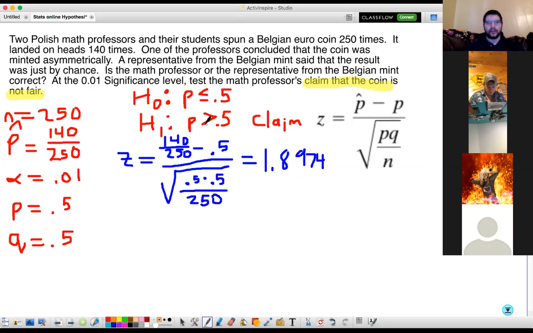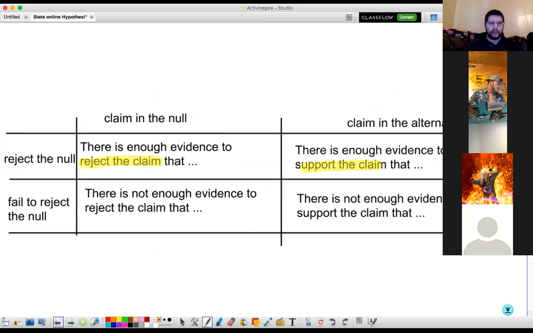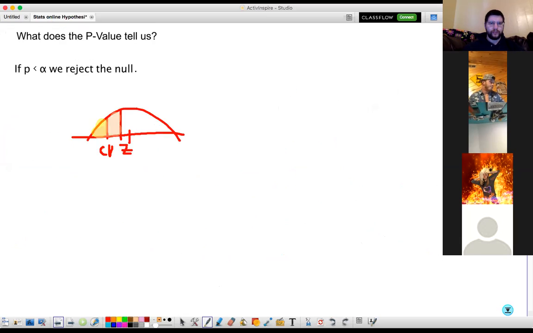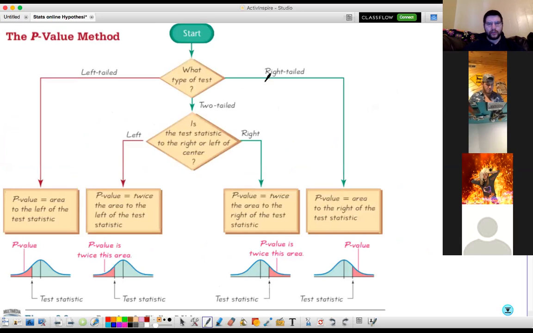We always look at our alternative for our tail. So that means we need to look at the area to the right of our test statistic. If you don't remember, there's a flow chart back here somewhere. Right here. So at the right tail, we look at the area to the right of the test statistic, and that's our p-value.